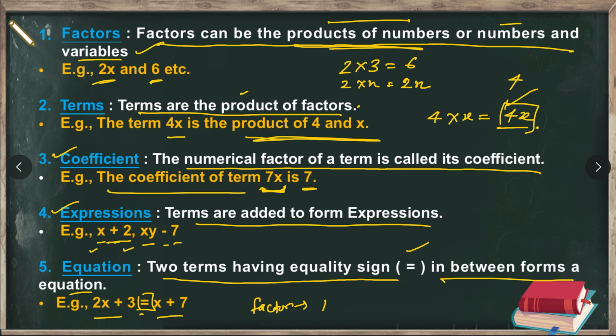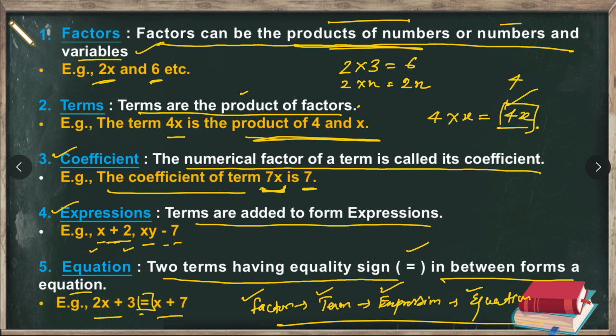Factors form the term, and the terms form the expression, and when we put the equality sign between the expressions, it becomes an equation. This is the order of the terminology. First we have factors. The factors form the terms, and when terms are added or subtracted, they become an expression, and if you put the equality sign in between the expressions, they become an equation. So these are the basic definitions involved in this chapter.